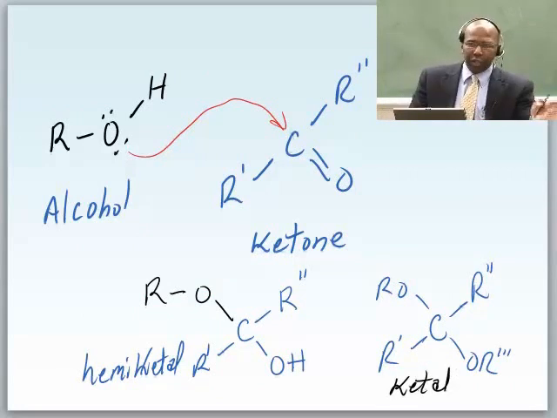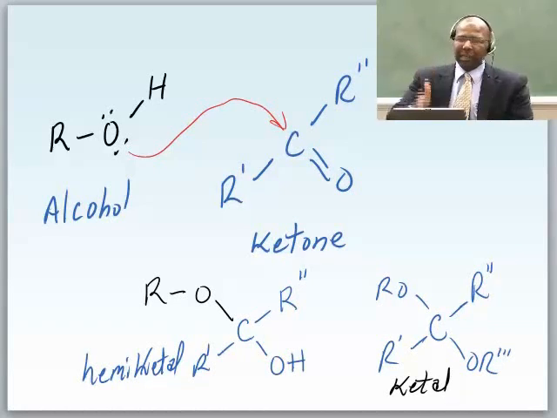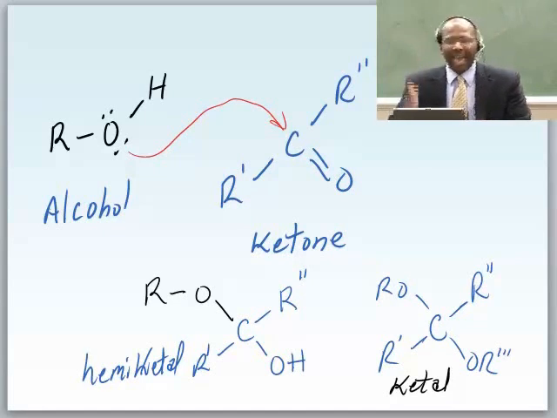So when a straight chain aldose closes itself, it becomes a hemiacetal. When a straight chain ketose closes itself, what is it going to become?